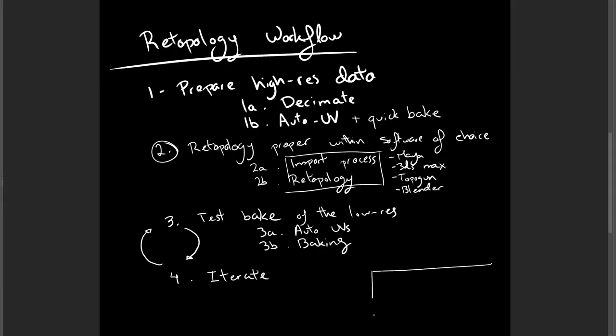You may actually notice that I have omitted here automatic retopology tools such as Z remesher. So let me just write this down here: auto retopology tools such as Z remesher.